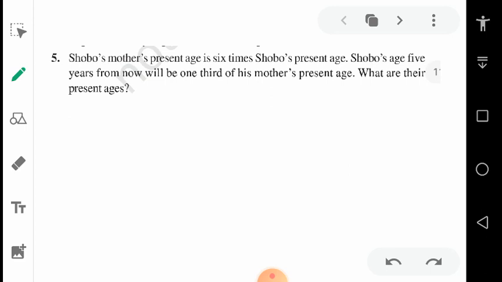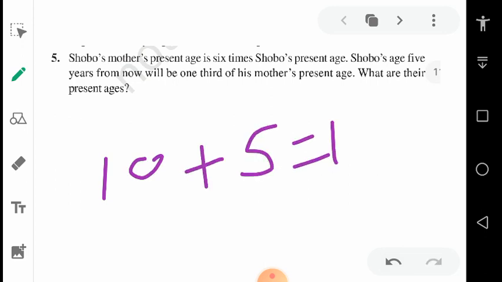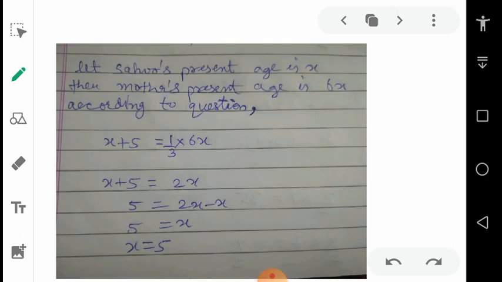Then after 5 years means you have to add 5, because if a person is 10 years old today, after 5 years he or she will be 15 years old, obviously. So these things should be considered and used properly in an equation, then your equation will become correct and it will be balanced.